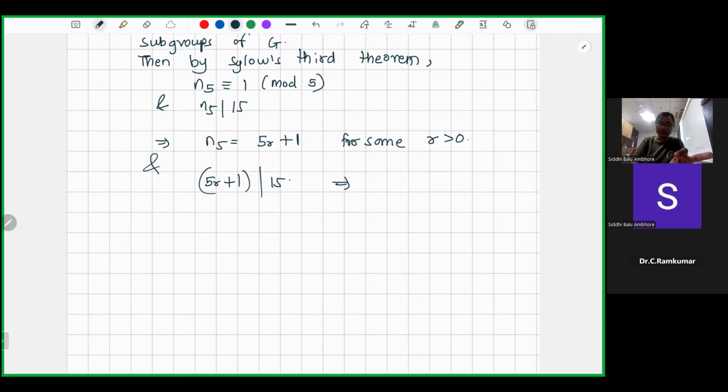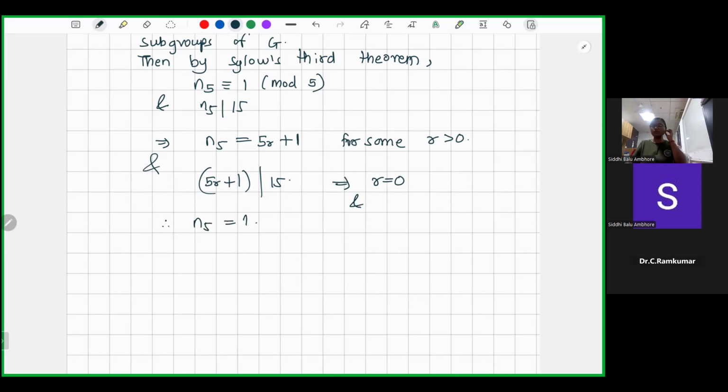And so the only possibility is that R needs to be 0, and therefore N5 needs to be 1.